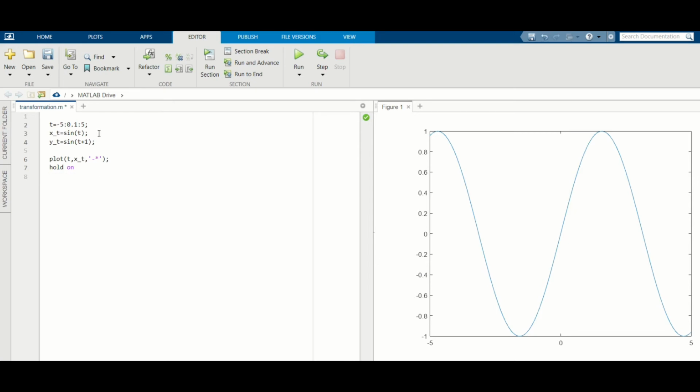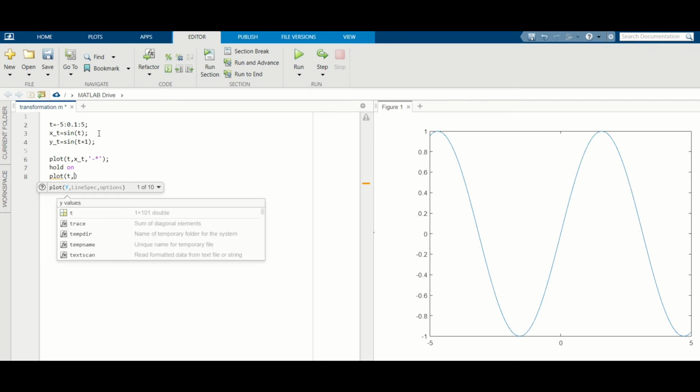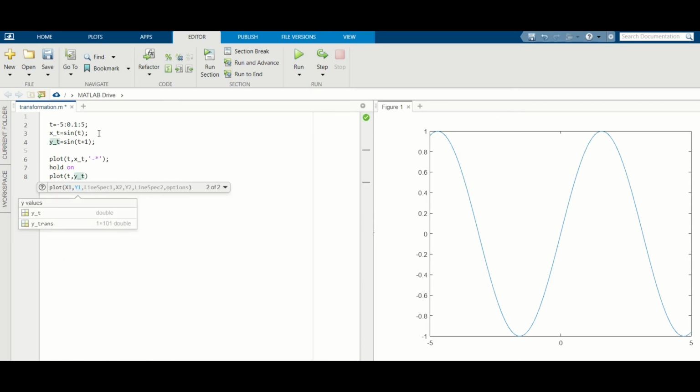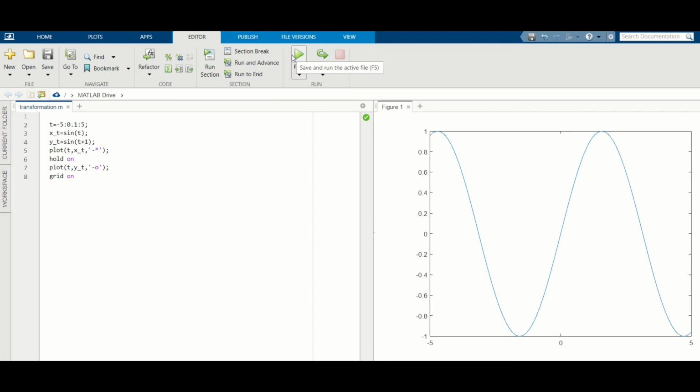So we'll add hold on, then we'll plot our yt with t, and we will add a marker which is circle, and we also make the grid on so that we can understand where our x equal to 0 and y equal to 0 axes are. So that will give you a better idea of how the plots are varying. These things will get clear once you see the output figure.